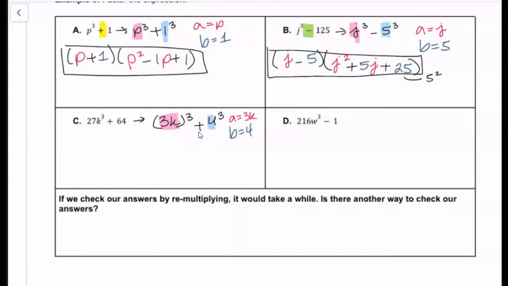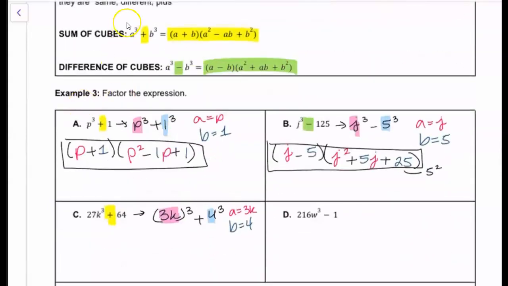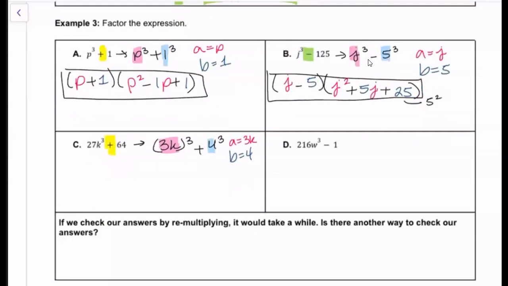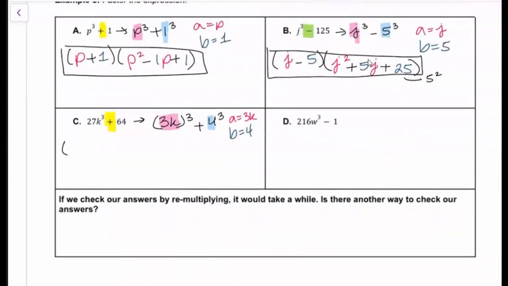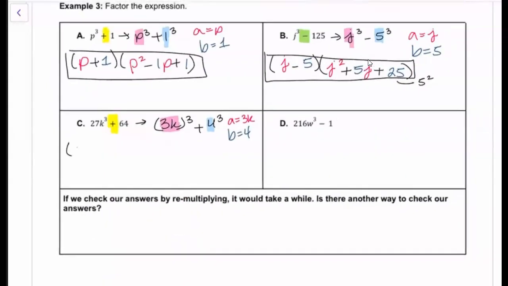And this time, I'm adding, so I go back to the sum of cubes formula. So that's A plus B. So my A value is 3k, plus my B value, which is 4, A squared, which is 9k squared, because 3k squared, so I'll write it down here. This is just 3k squared.